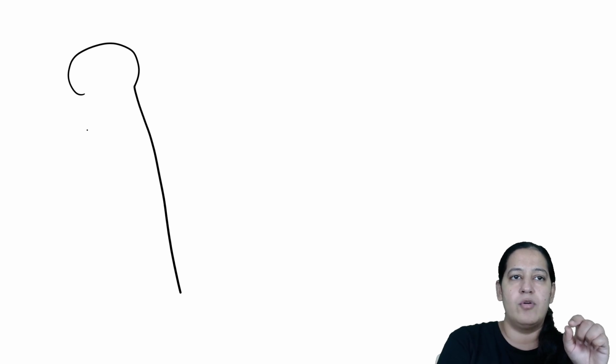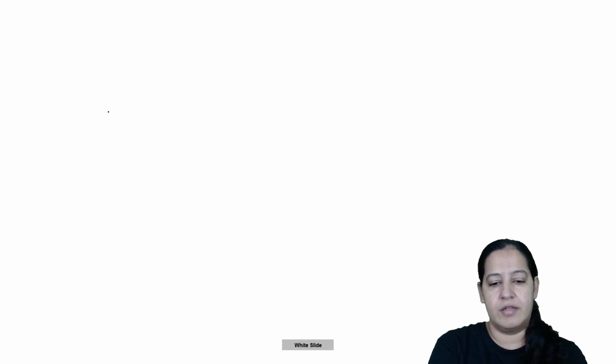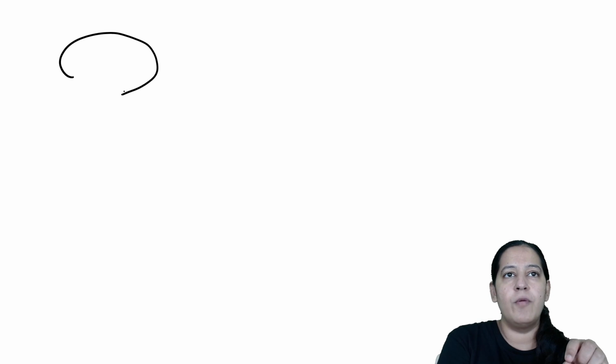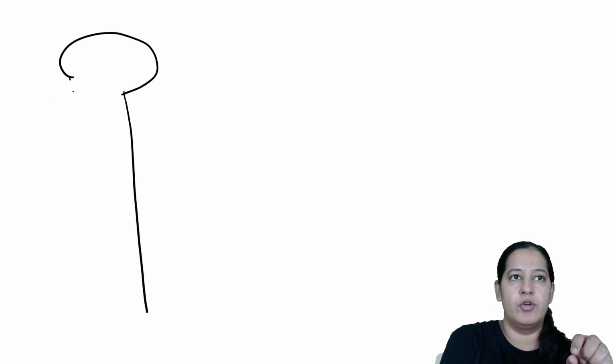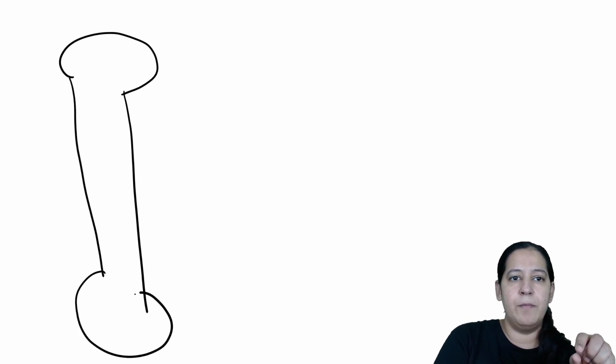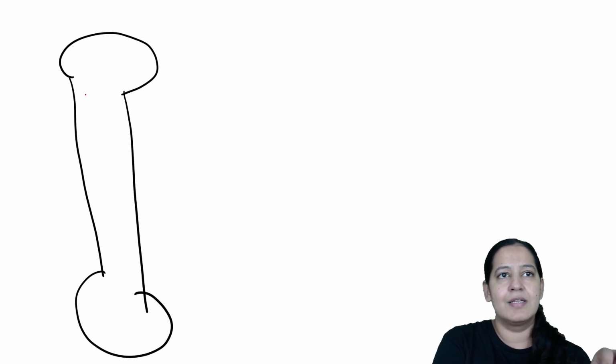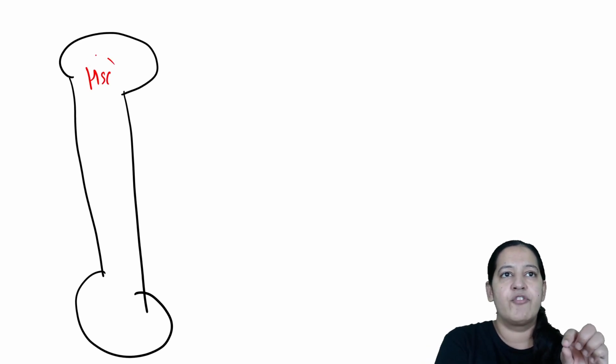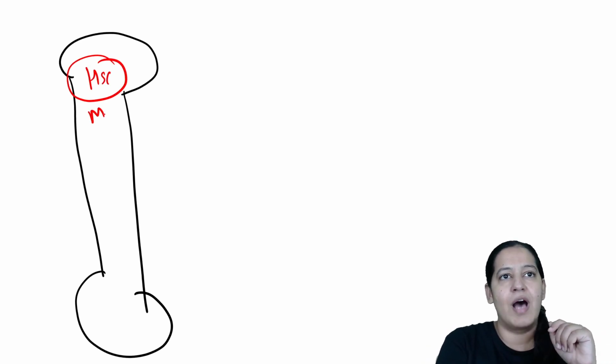Let me draw a diagram for you. So this is a bone marrow. Inside the bone marrow, this is the first cell, hematopoietic stem cell. From hematopoietic stem cell, myeloblast is formed.